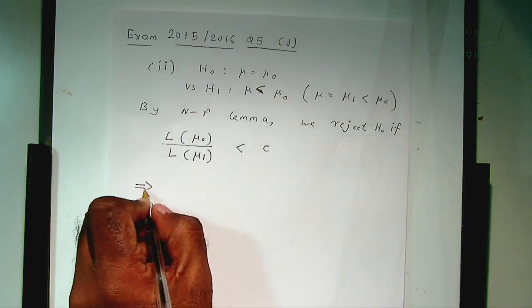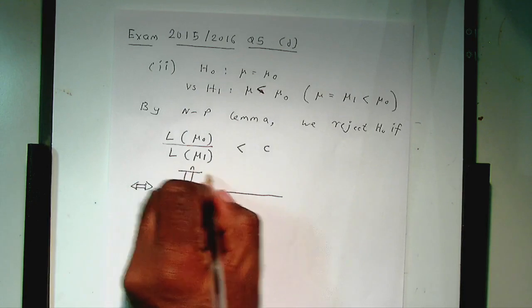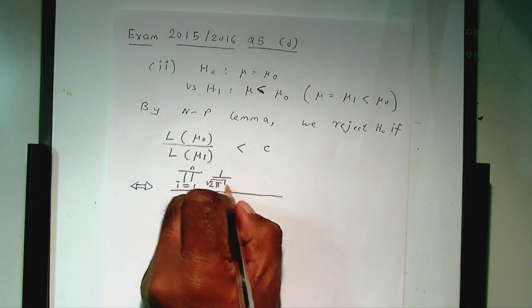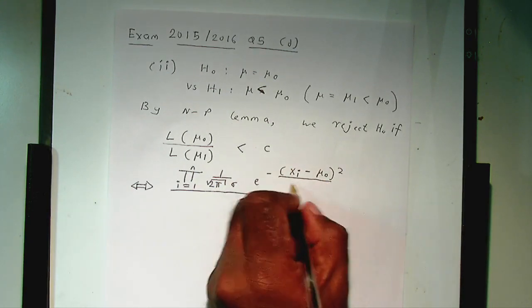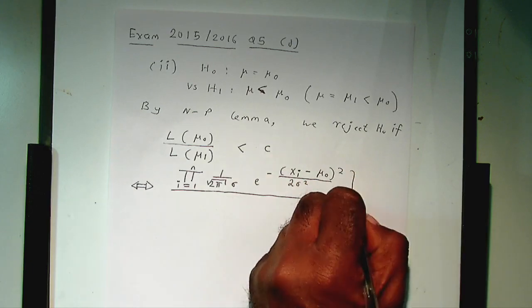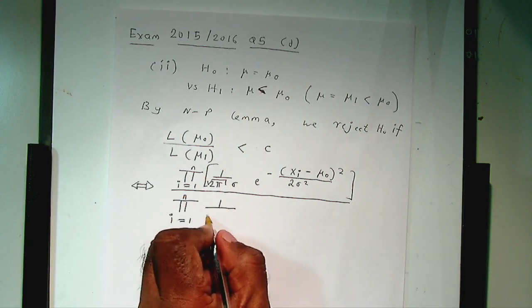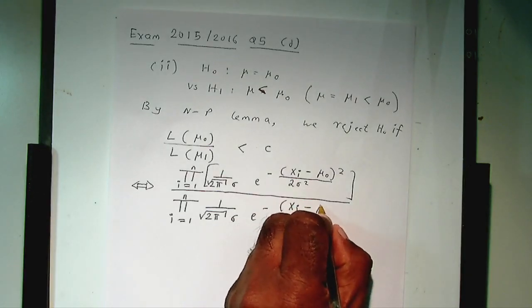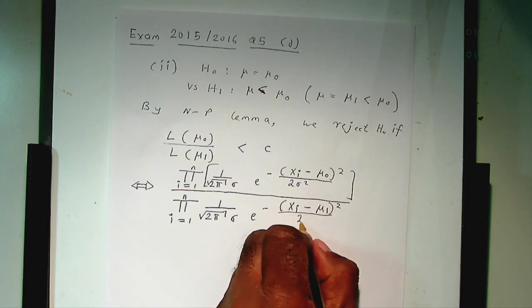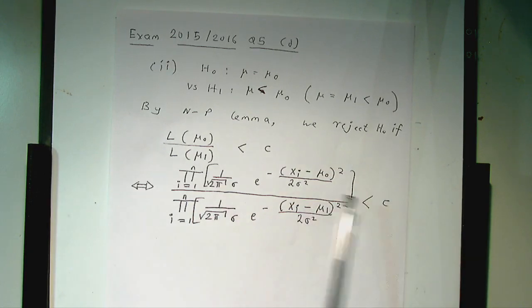Now this will be, so this is the likelihood at mu0, and this is the likelihood at mu1, right? A few things cancel.